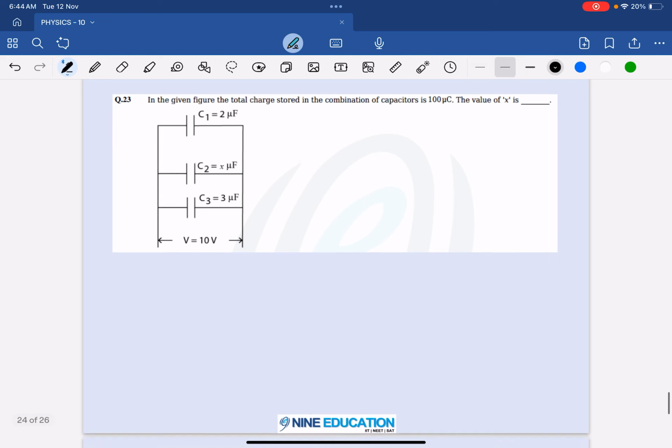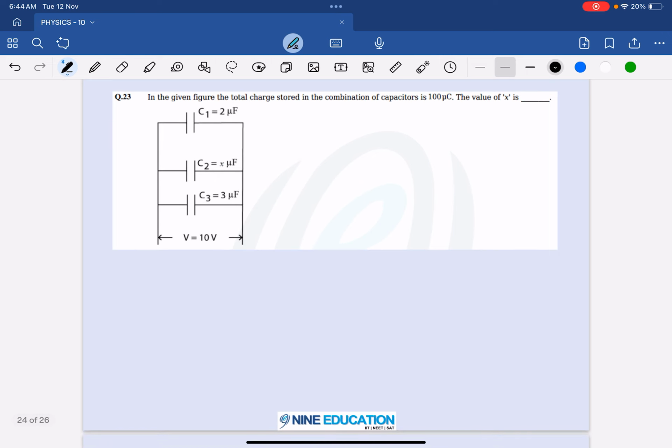Now what is the next question? In the given figure, the total charge stored in the combination is 100 microcoulomb. The value of x is? We can see that all of these are in parallel. If they are in parallel, the combined capacitance would be 2 plus x plus 3, and if we multiply with the total potential, we get the total charge in microcoulomb.